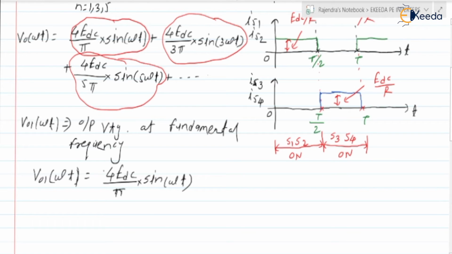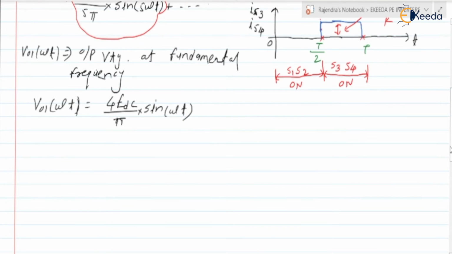So can we say that this 4 EDC by pi indicates the peak value. So we can write v01 peak is equal to 4 EDC by pi. And as this is a sinusoidal function, for any sinusoidal function the RMS value is peak divided by root 2.